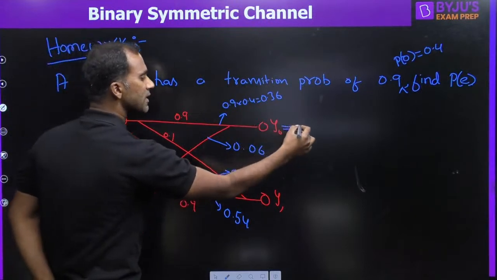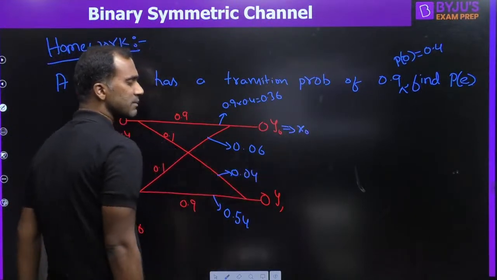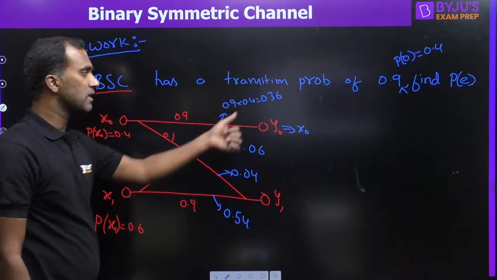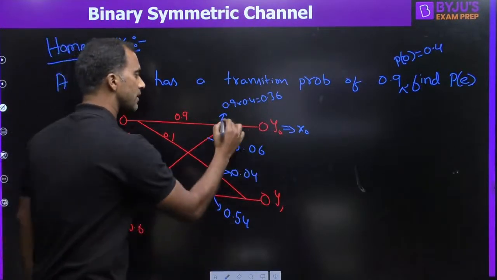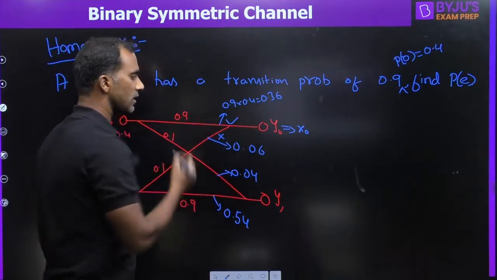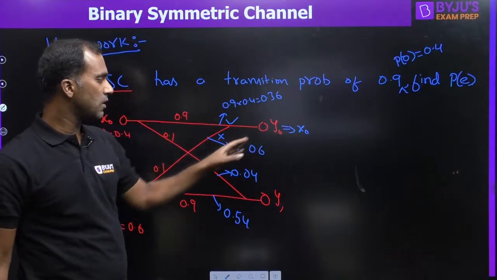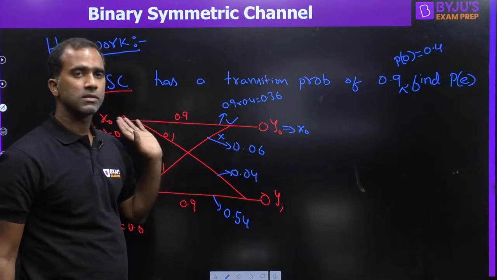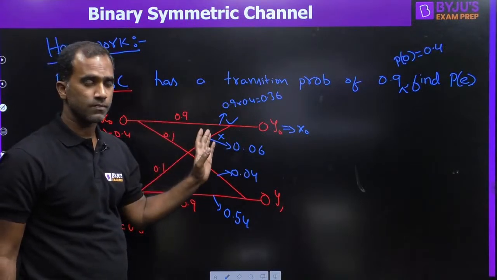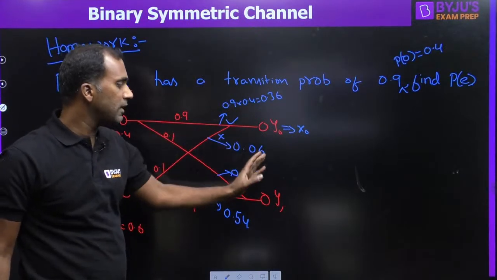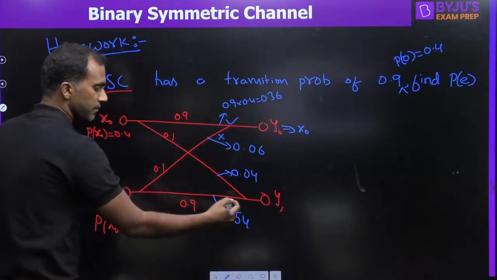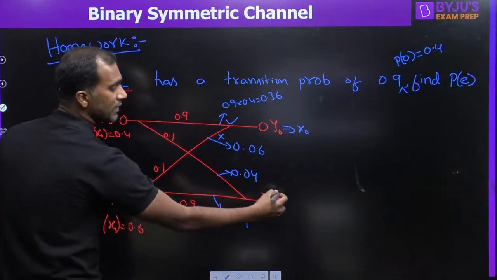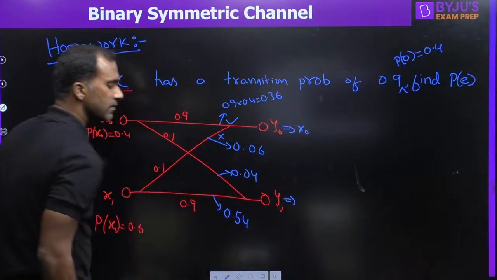So the best decision to make is, when you see y0, decide x0. You will be correct with a probability of 0.36, and wrong with a probability of 0.06. So may I mark this as the correct line and this as the wrong line. When you decide like this, you are wrong with a probability of 0.06, which means this will contribute to the probability of error.